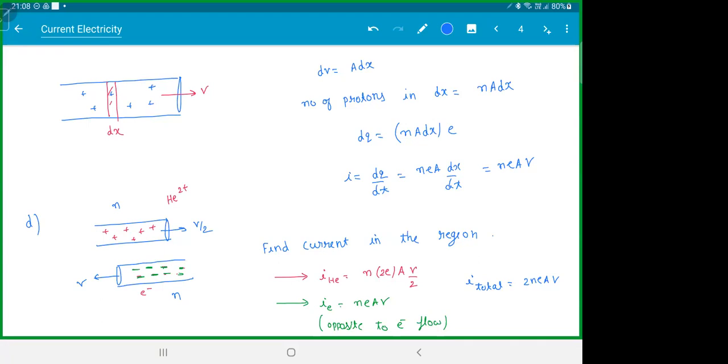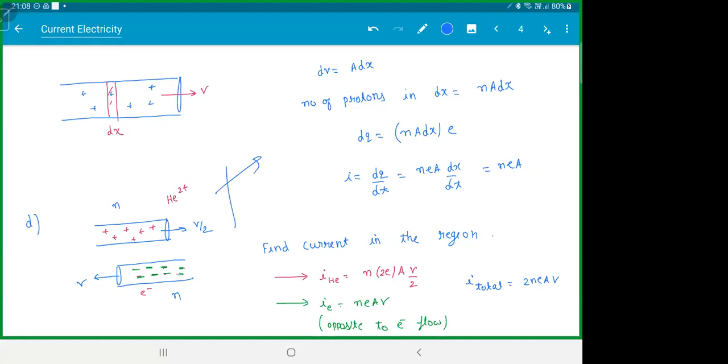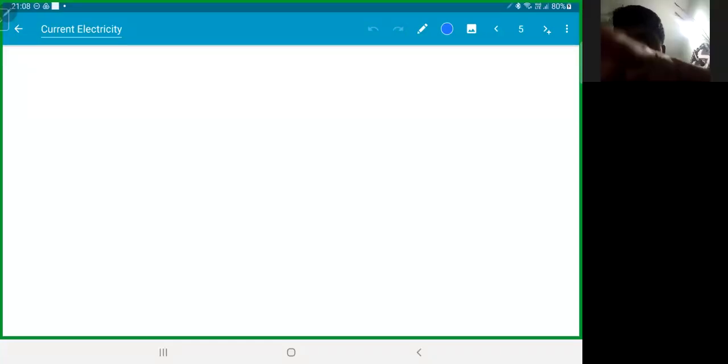When did I say they are adding as vectors? In vectors they'll add like 2i cos theta. I1 plus I2, right? It's like if I add 3 apples plus 2 apples, how many? 5. But it's not a vector. Okay? Vectors meaning the directions and angles and stuff.